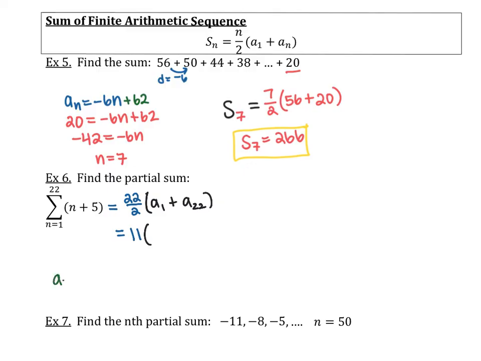They gave me this formula right here, that's in the parentheses. If I plug 1 in here, 1 plus 5 is 6. If I plug in 22, 22 plus 5 is 27. And again, just put it in your calculator, but make sure you're getting the same answer because sometimes calculators are harder than the actual math.